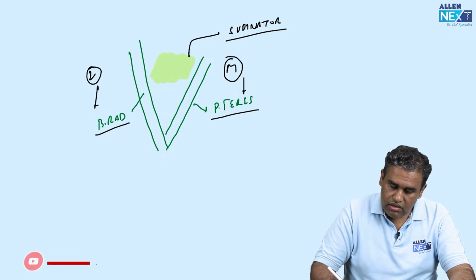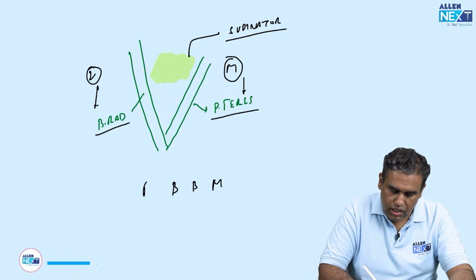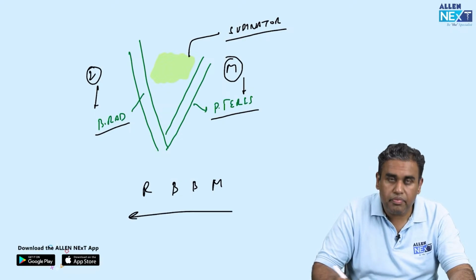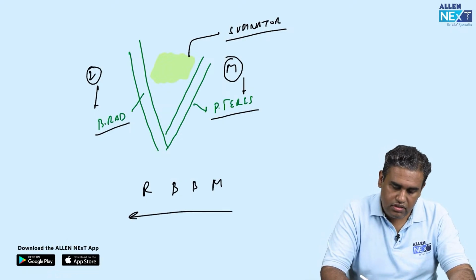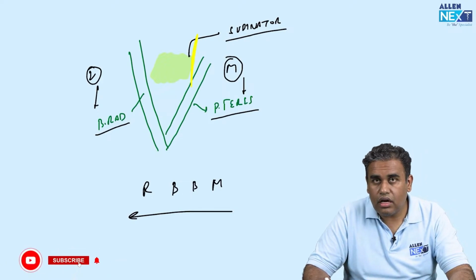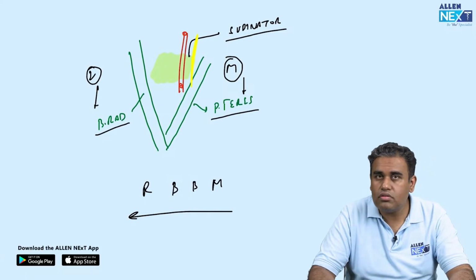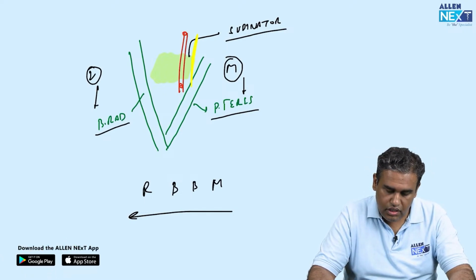Then the contents over here, remember the mnemonic is MBBR, from medial to lateral. So, most medial, you have the median nerve coming down. Then you have the pulsation of the brachial artery by which you measure the BP. The brachial artery bifurcates into radial and ulnar artery.